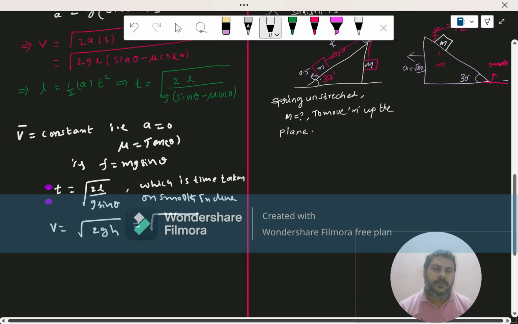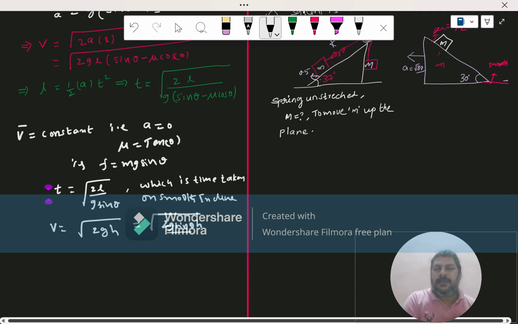So if it is equal to root over 2g sin theta into h, where a is equal to g sin theta. So on a smooth surface moving with constant velocity, time will be root 2l by g. So like that. So incline means g sin theta will come.